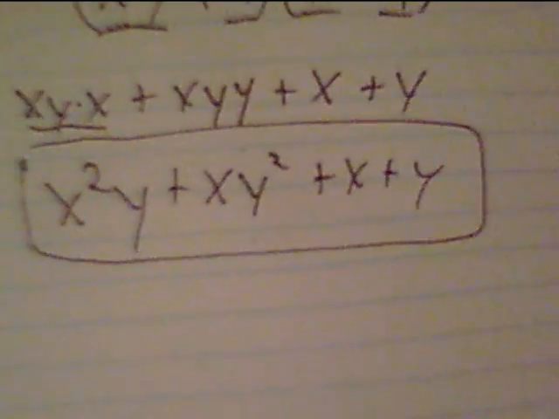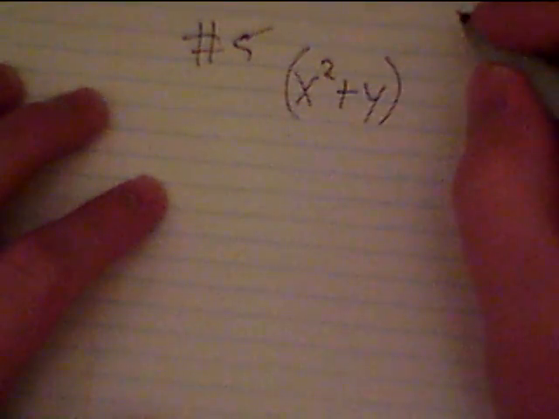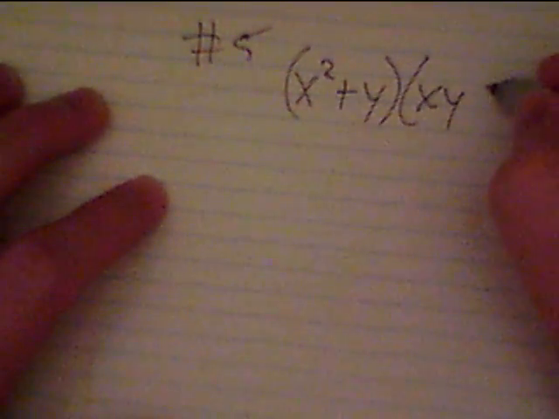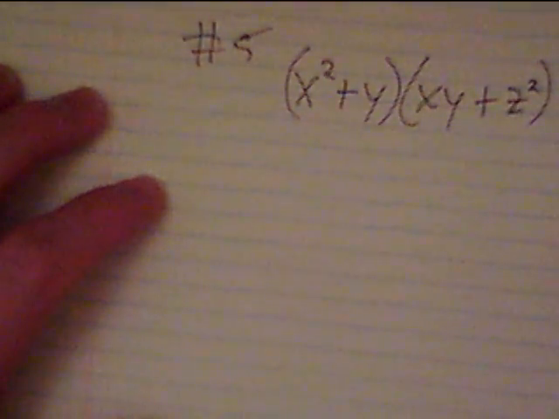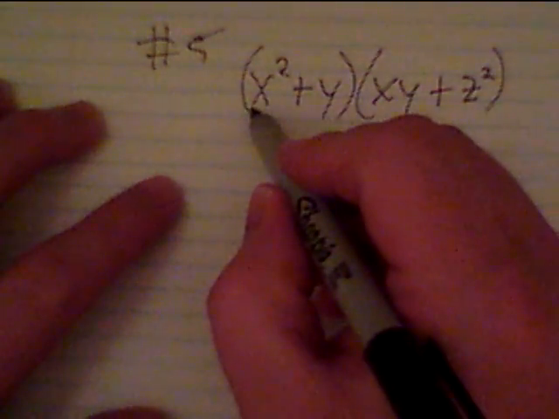All right, number 5. We have x squared plus y times xy plus z squared. Okay, still FOIL method.